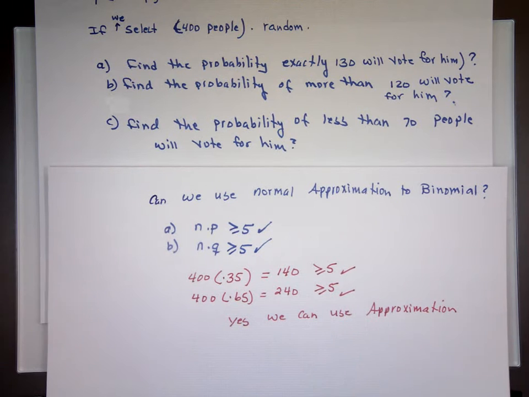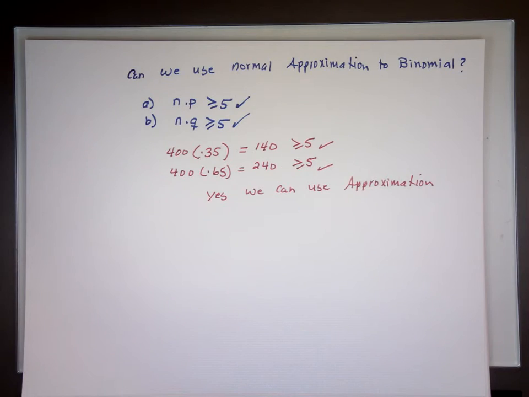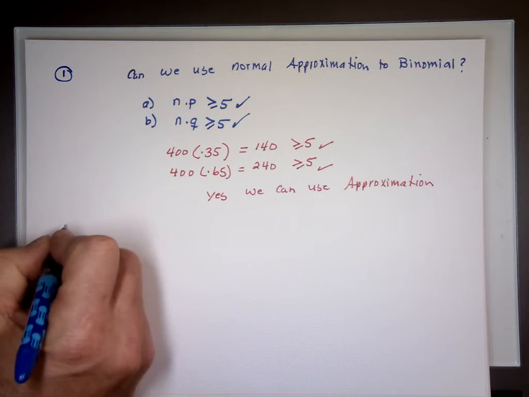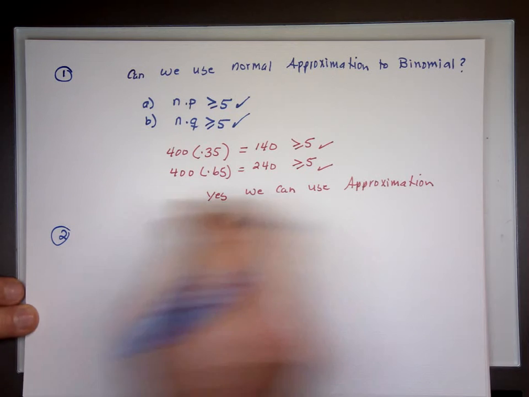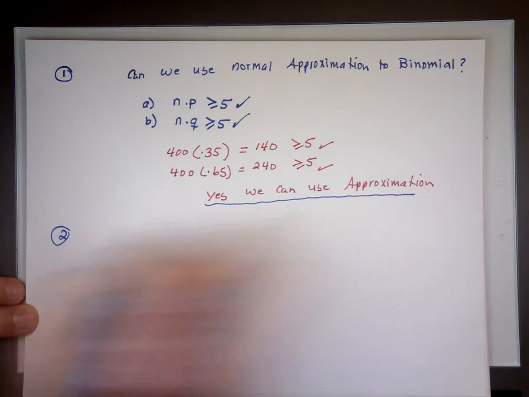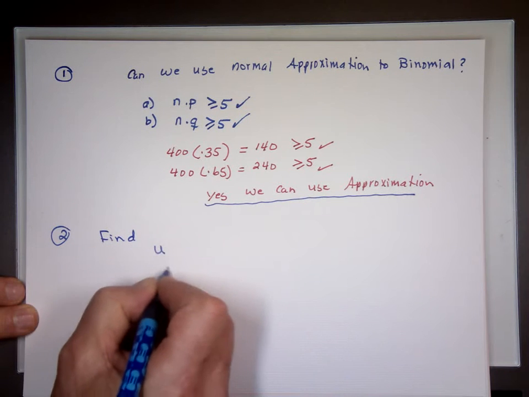Now we've established we can use the approximation. Remember, this is a binomial event. Step number 1 was to decide if we can use the approximation. Once we decide yes, I need to find mu and sigma.